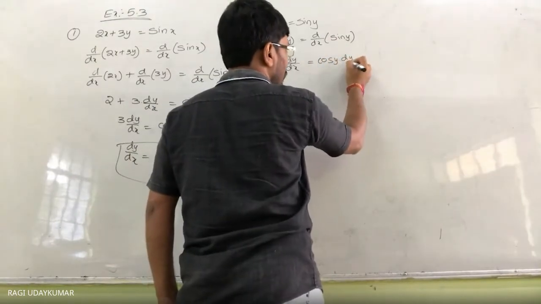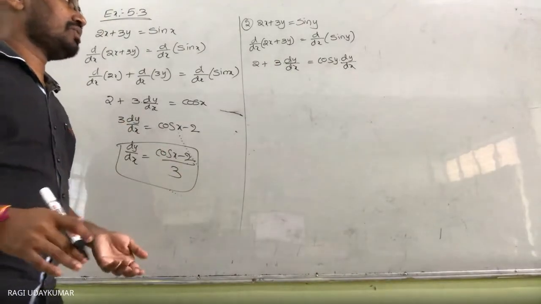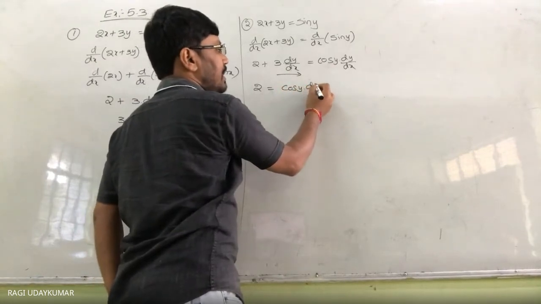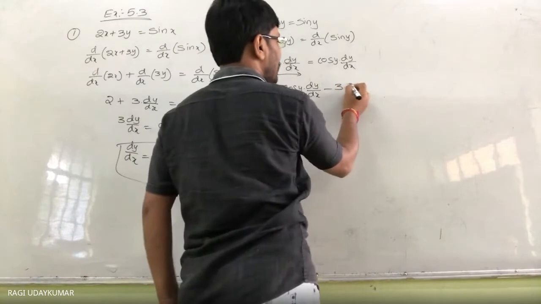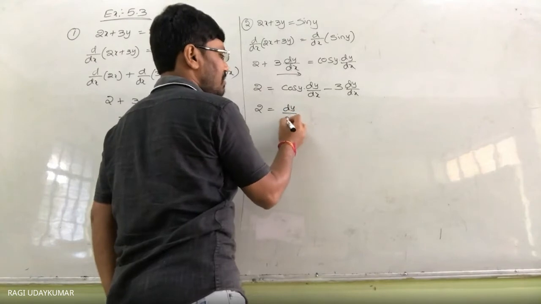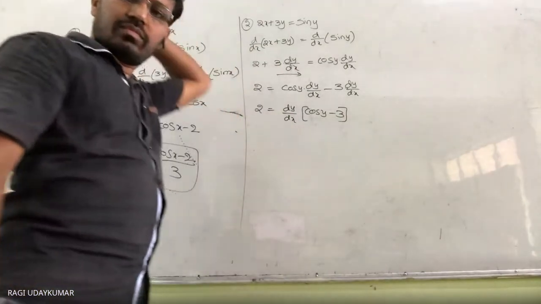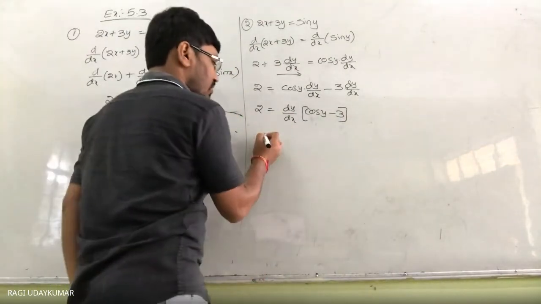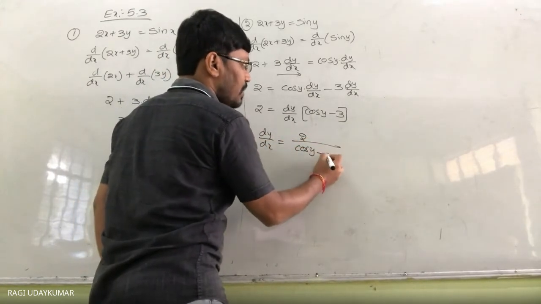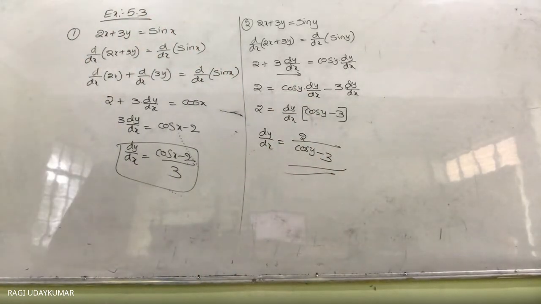Now wherever dy by dx is there, take all that to one side and the remaining to the other. So 2 is equals to cos y into dy by dx minus 3 into dy by dx. So 2 is equals to dy by dx (cos y minus 3). So dy by dx is equals to 2 by (cos y minus 3).